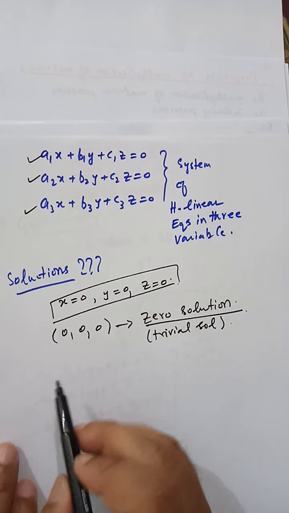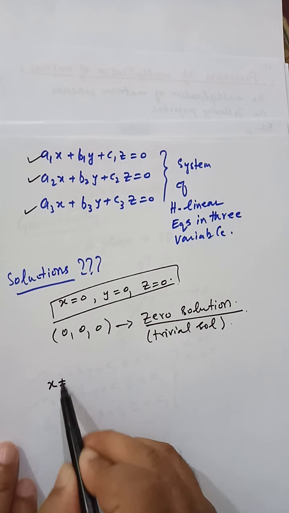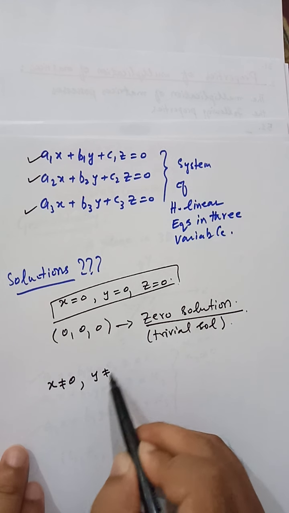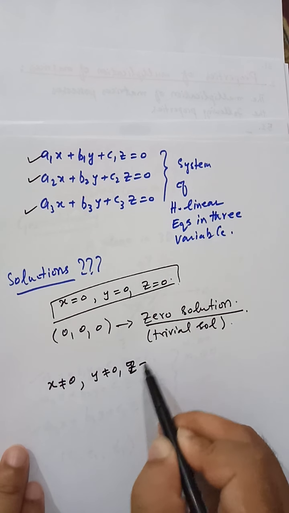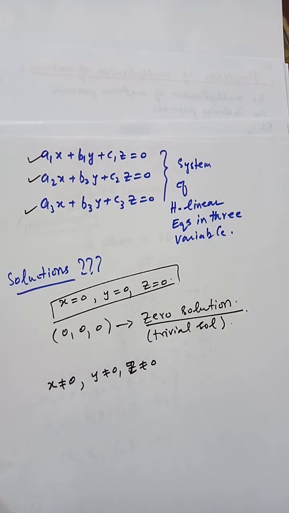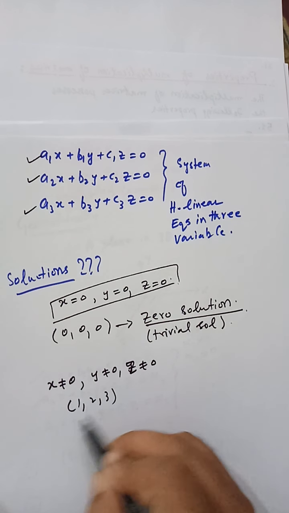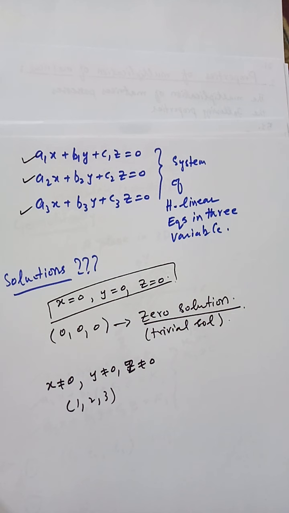Now if we have a value of x, a value of y and a value of z, not all equal to 0, that satisfies all these three equations, that solution is called, for example, the solution (1, 2, 3), where you see all the values of x, y and z are non-zero.